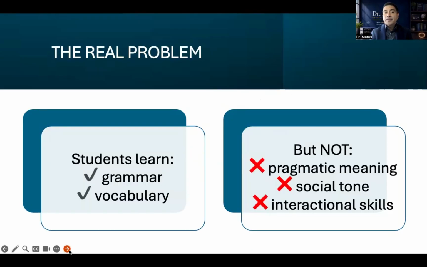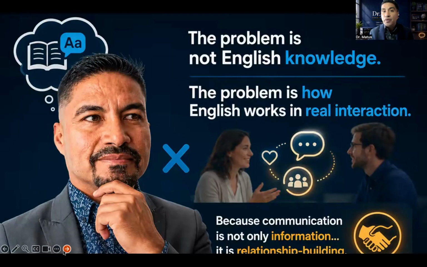Let's have a look. This is the real problem, the real issue here. Students most of the time learn grammar and vocabulary in isolation. But sometimes your learning doesn't focus on pragmatic meaning, social tone, or your process lacks interactional skills. These are three aspects that are fundamental when learning the language and when teaching the language as well.